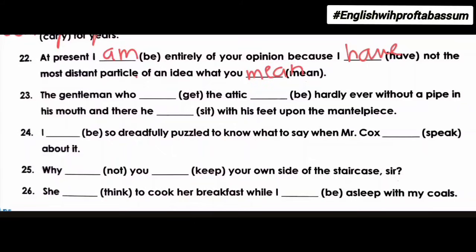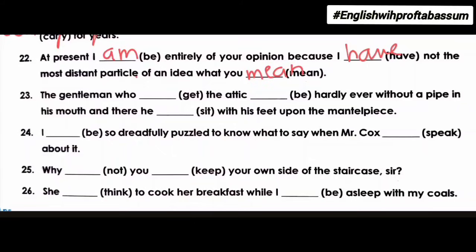Next sentence: the gentleman who (get) the attic (be) hardly ever without a pipe in his mouth, and there he (sit) with his feet upon the mantelpiece. So the rule is that for general present description, we can use either present perfect or simple present tense. Get will change to has got because gentleman is singular.